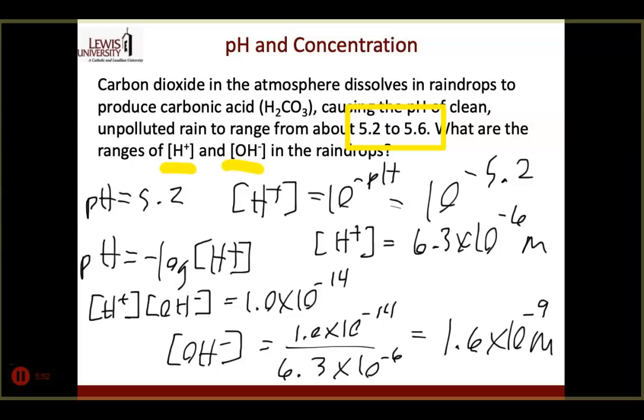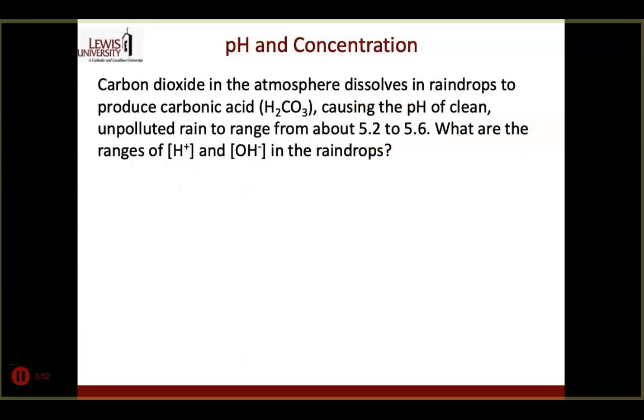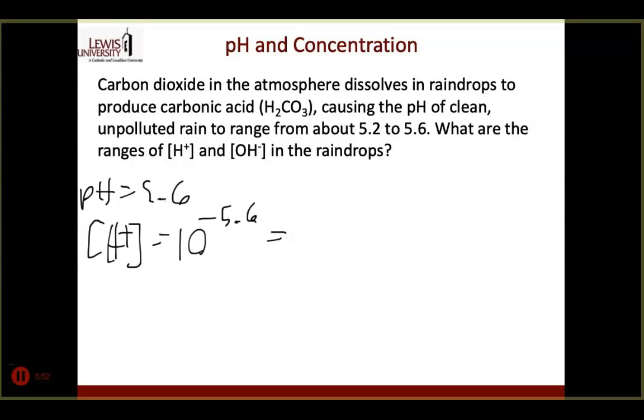And that makes sense because at lower pH you should have more H+, which is why we consider it an acid. We can do the same exercise for a pH of 5.6. We just say, okay, the concentration of H+ is going to equal 10 to the negative 5.6, and this gives me a value of 2.5 times 10 to the minus 6th molar.